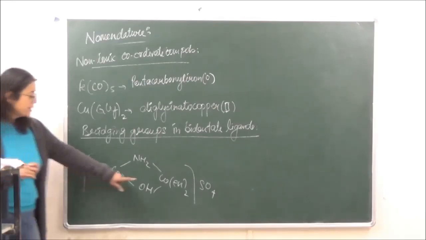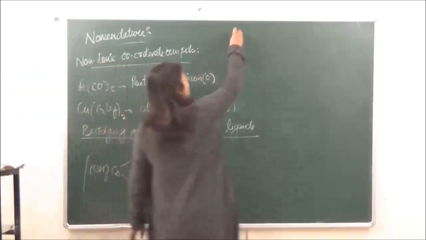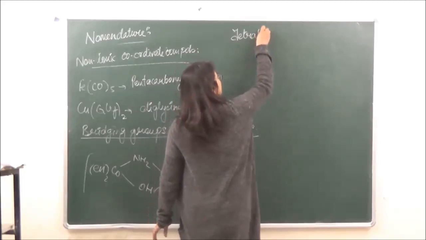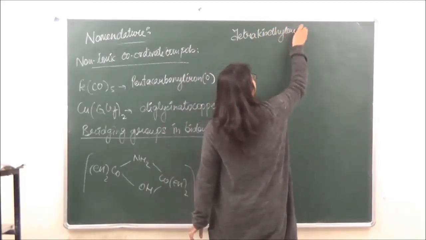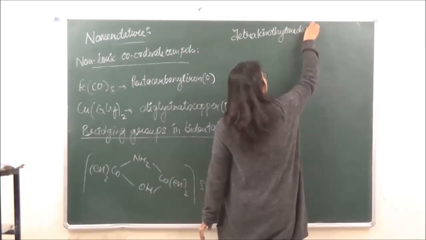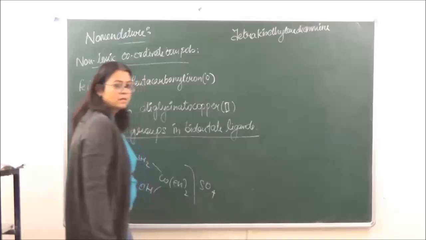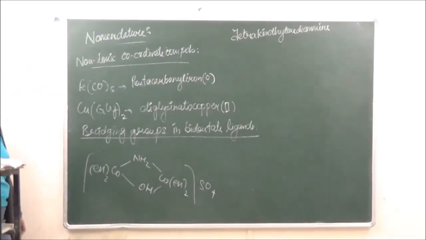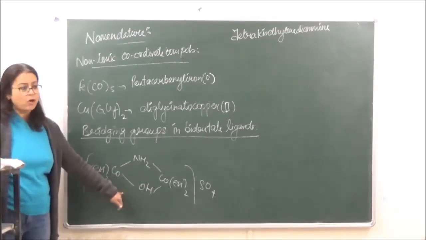So you can see over here that there are 4 ethylene which are present. So 4 ethylene means what? Tetrakis, ethylene diamine. We will write it as tetrakis(ethylene-1,2-diamine), or you can write it as ethylenediamine, and then this is one amido and this is hydroxo.